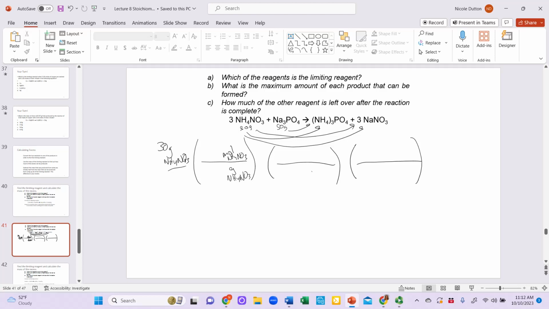From moles, we can go to moles of the new substance. So first we're going to tackle the ammonium phosphate. And then from moles, we want to get to grams.